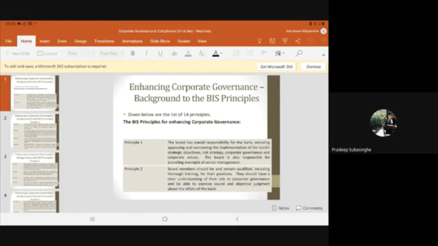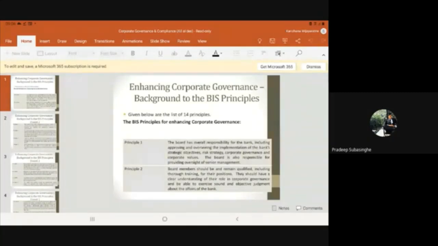The purpose of the BIS is to support. Actually, it can be considered as the bank of central banks, right? But this is basically on the governance part and how to do it.